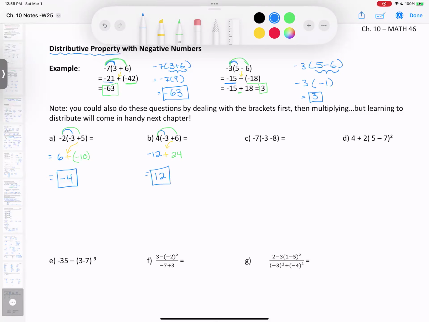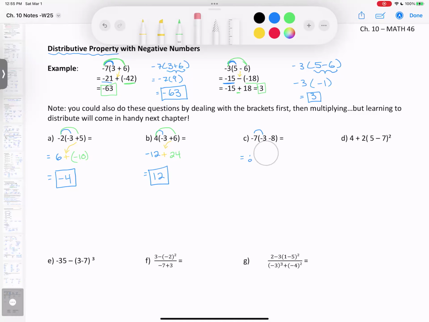Okay, next one, we've got -7 times -3, which is +21. Then we've got a minus sign here, so we're going to copy that down. Sorry, let me do that again. +21, and then we've got a minus sign.